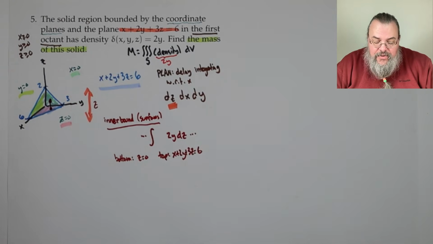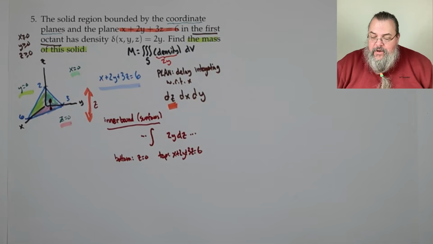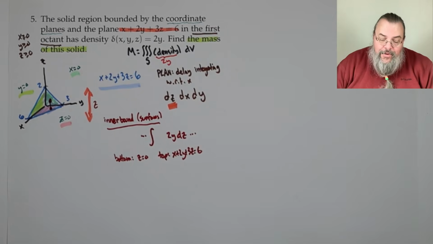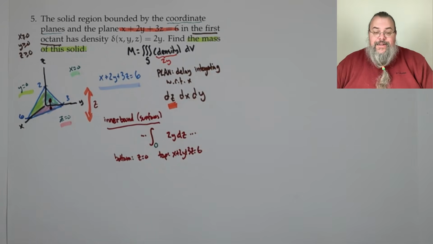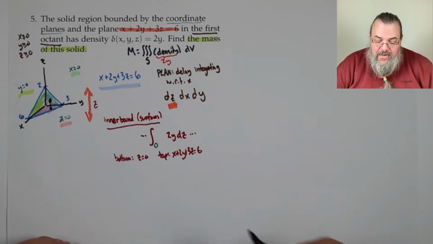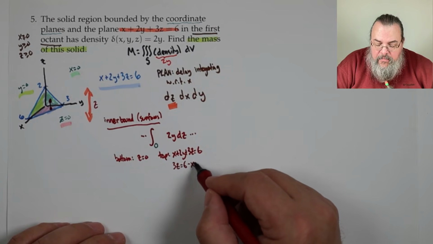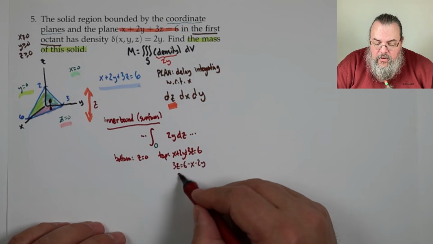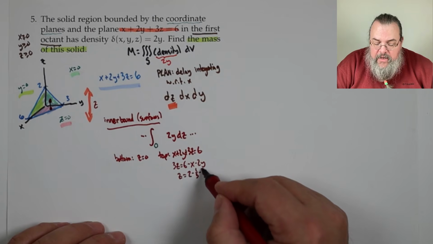Now, here's the issue. z equals 0 is ready to go, we can write it in right now. But the other is not ready, because our z bounds need to be z equals. So we're going to do some rearranging: 3z equals 6 minus x minus 2y, or z equals 2 minus 1/3 x minus 2/3 y.